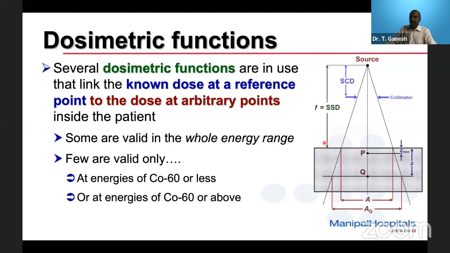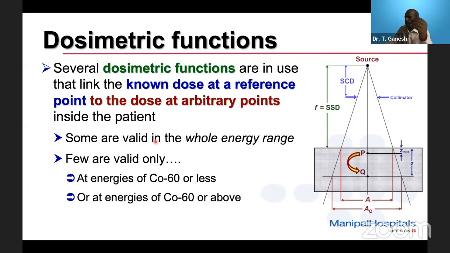So that is the reason why dosimetric functions have been developed, because they link the known dose at a point, like this known dose at point P, to the dose at any point Q. This Q can be anywhere inside the phantom. So all we have to do is measure the dose at only one point in the phantom, P, and then we can determine the dose at Q, which can be anywhere inside the phantom, using the dosimetric functions. So dosimetric functions link the known dose at a reference point to the dose at arbitrary points inside the patient.